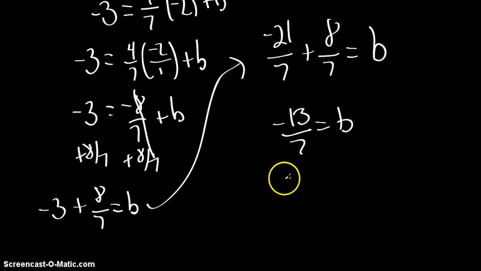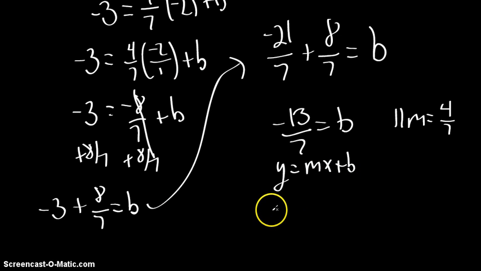And I'm done. We have to remember from before we had our parallel slope of 4/7. So we're going to rewrite this in y equals mx plus b form, because that's what it asked for.